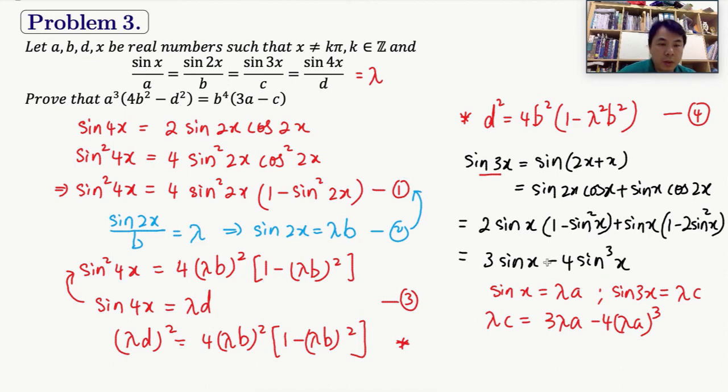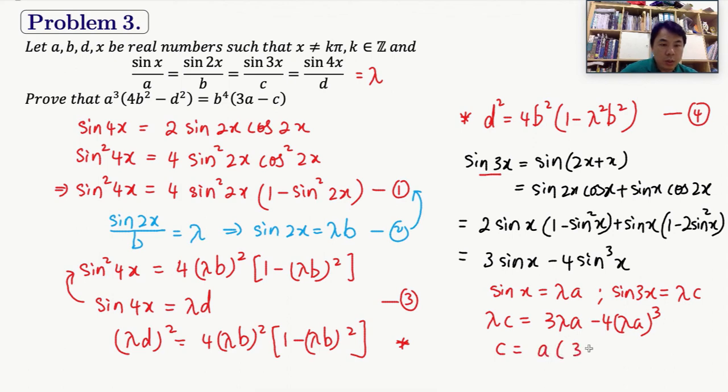Now, of course, we can factorize this in a short while, but at this point we have c equal to, and we can cancel all the lambda in this case. So what we have is 3a. Maybe I can take out the a.